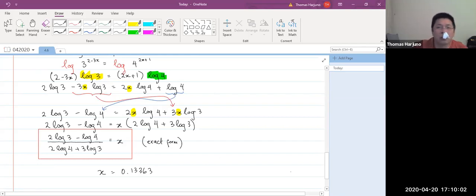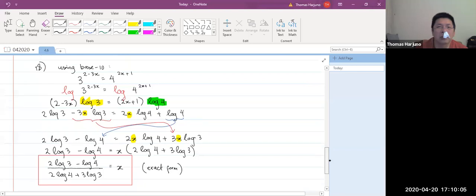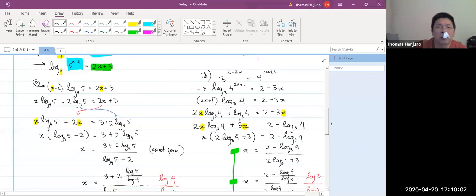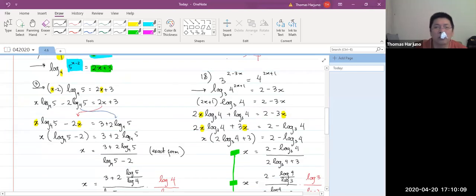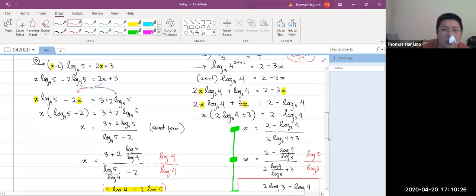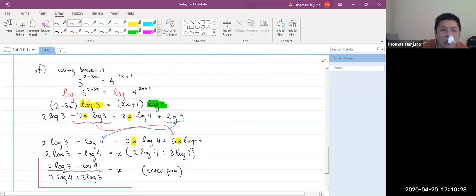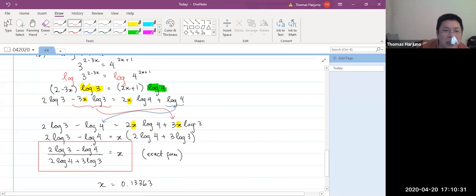So through the last example we have here, number 18, I showed you different ways. The first way, I did log base 3. You can also do it in base 4, and you will get the same answer. If you do it in base 10, you will get this exact form, and you will get the same answer.